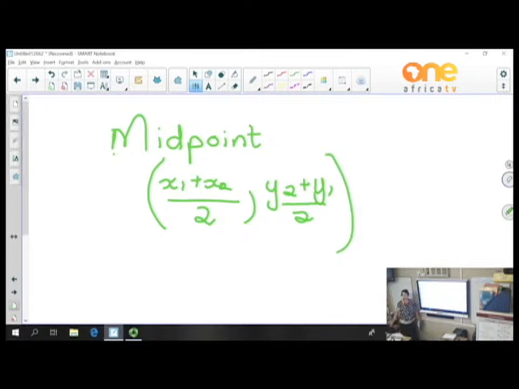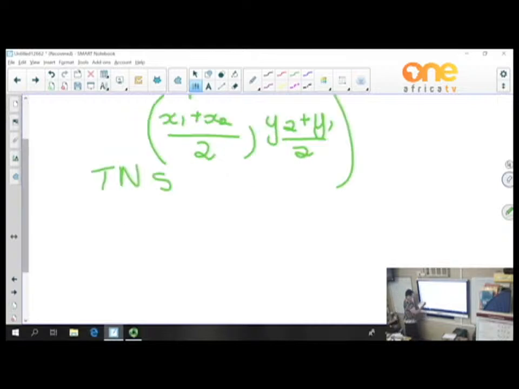Because I need to find the midpoint. Okay, so that you've got the formula then there, and we're now going to try now 5. Calculate the coordinates of the midpoint between the following points. So try now 5. Let's do the first one. I'll do this one together with you.